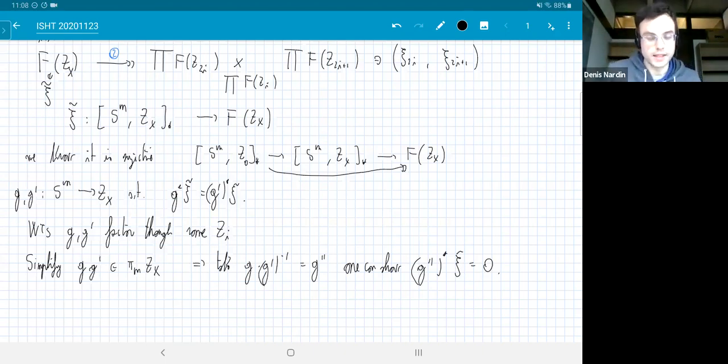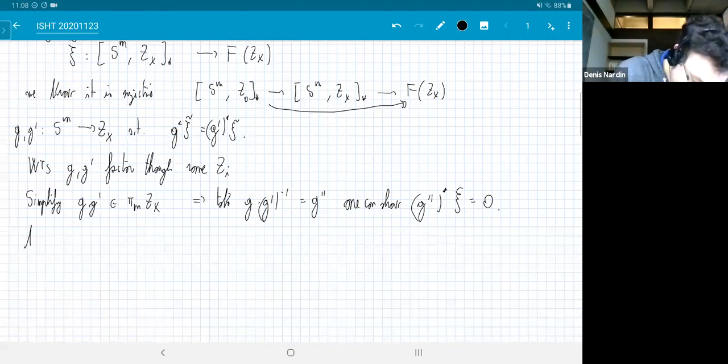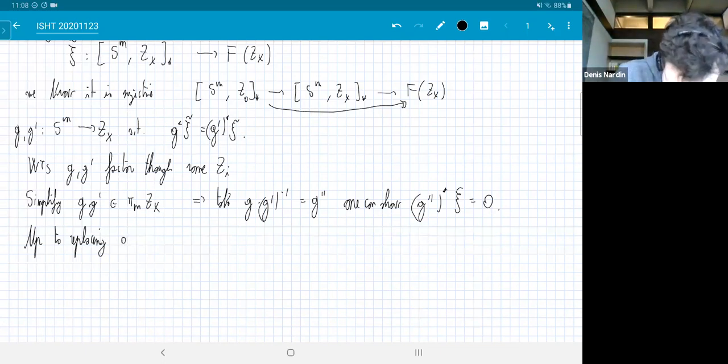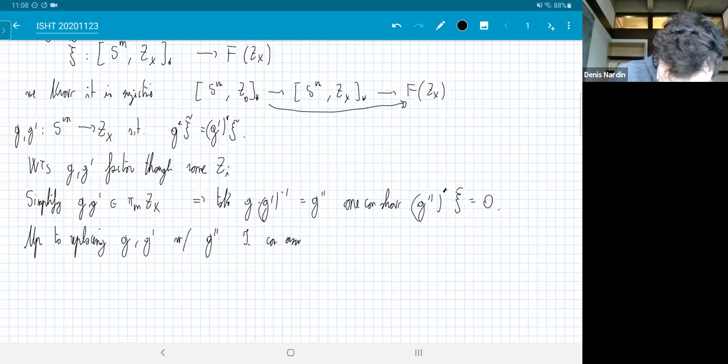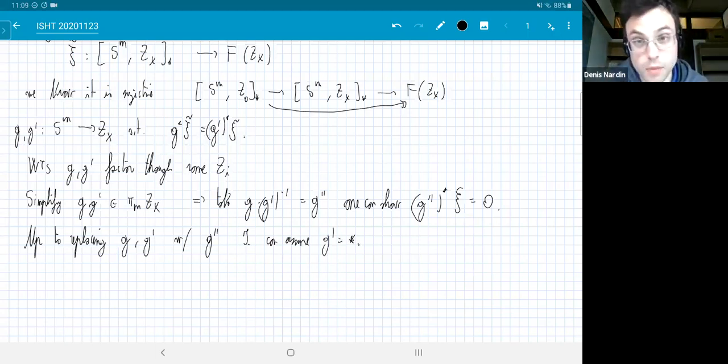And so up to replacing G with G double prime, G prime with G double prime, I can assume G prime is this constant map at the base point.